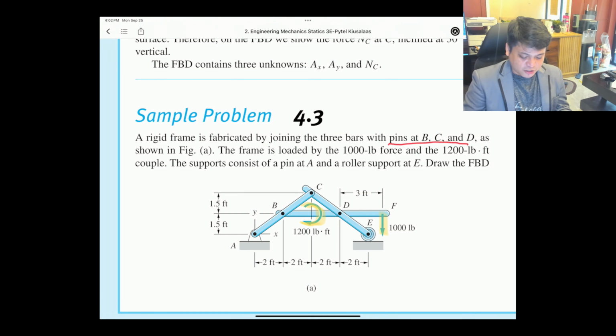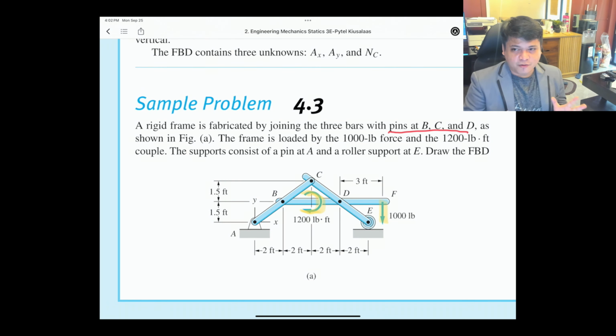Kasi kapag dinrawing po natin siya as a whole, ang meron lang tayong external support. Ang tawag po kasi natin dito, kapag kinoconnect niya yung dalawang members, internal support po yun. So yung external support, yun po yung nasa labas ng structure or nasa kanyang extremities.